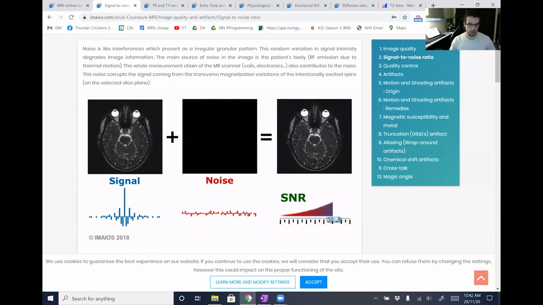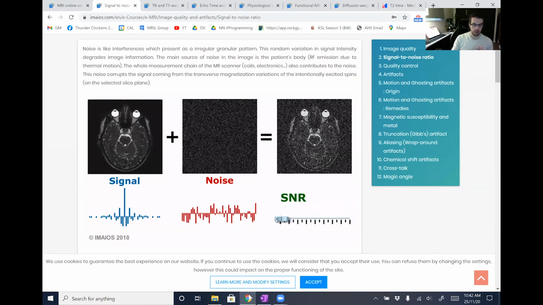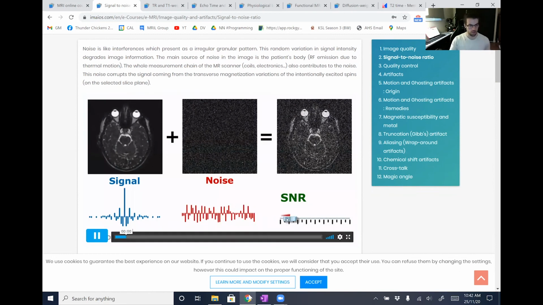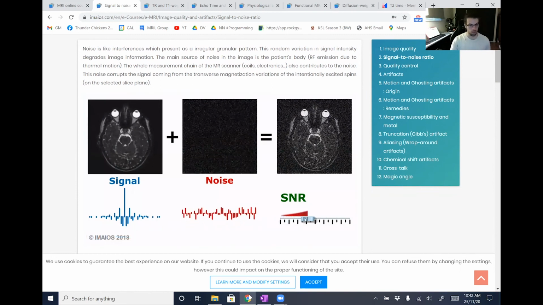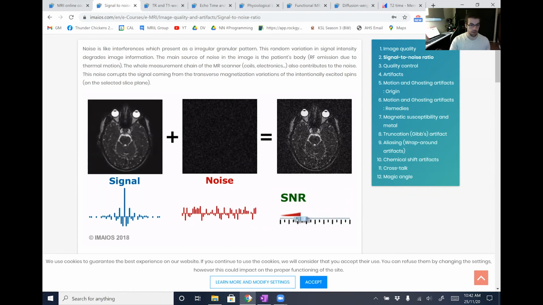It'll play again here. But as there's more noise, the result on the right looks grainier, looks blurrier, and that's very important. Because if we're looking at which areas are dark or light and inferring where white matter is or gray matter is, the fact that there are areas that should be dark that are lighter than they're supposed to be just due to noise is very important, as you might imagine.